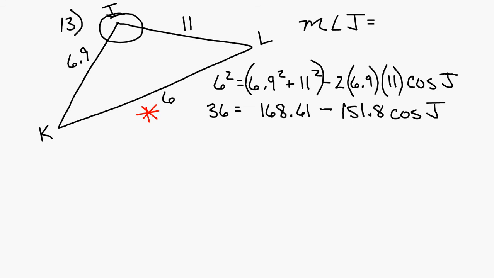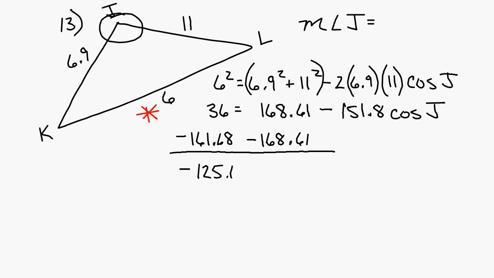Your next step is to subtract 168.61 from each side. So 36 minus 161.68 equals negative 125.68. We put 161. I sure did. Wonder what I subtracted. Let me do that again. 36 minus 160.